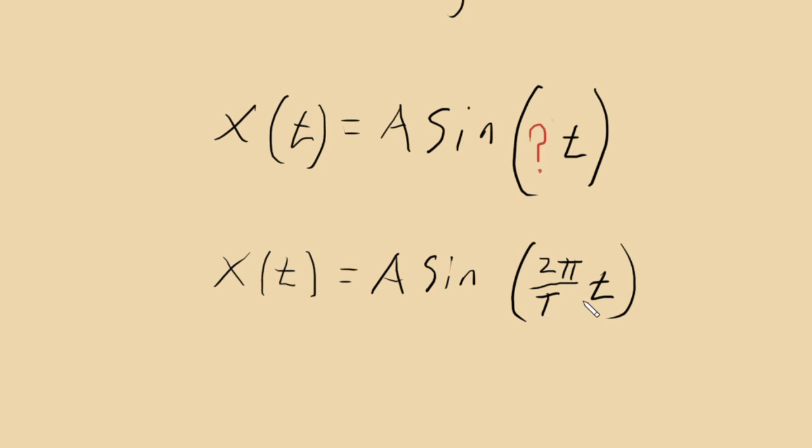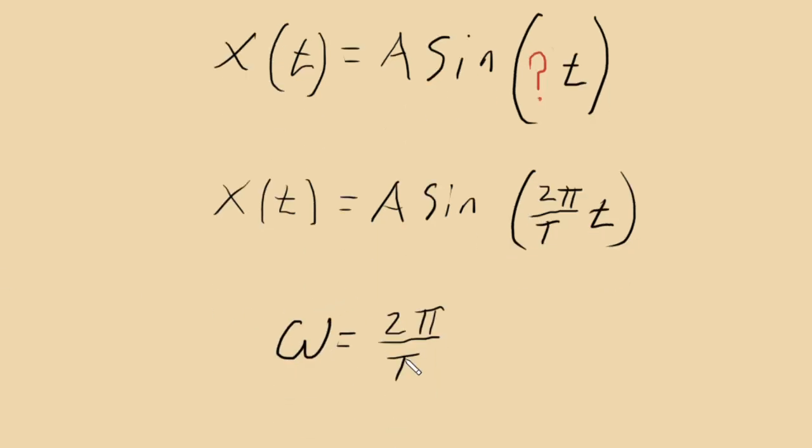So this is a scaling factor that makes sure that, depending on how long our period is, we cycle through the full cycle of our position. But we don't know what our period is. We're not told what it is, but maybe we could come up with a relationship to figure that out.